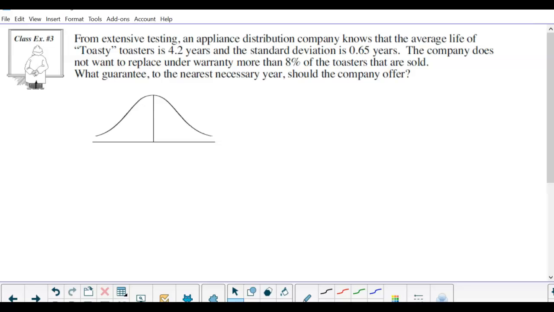So, what guarantee, to the nearest necessary year, should the company offer? So here, our average lifespan of the toaster is 4.2. I think that's a little low. Most toasters last less, at least the ones I have. But in any case, 4.2, standard deviation is 0.65.